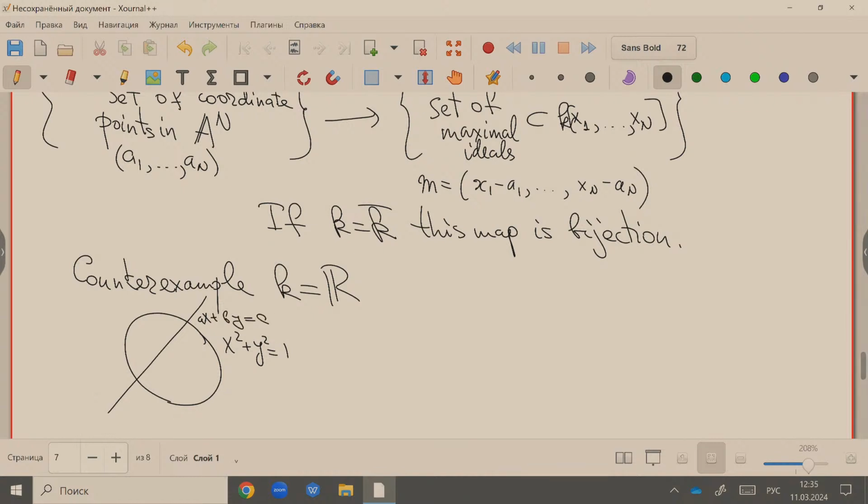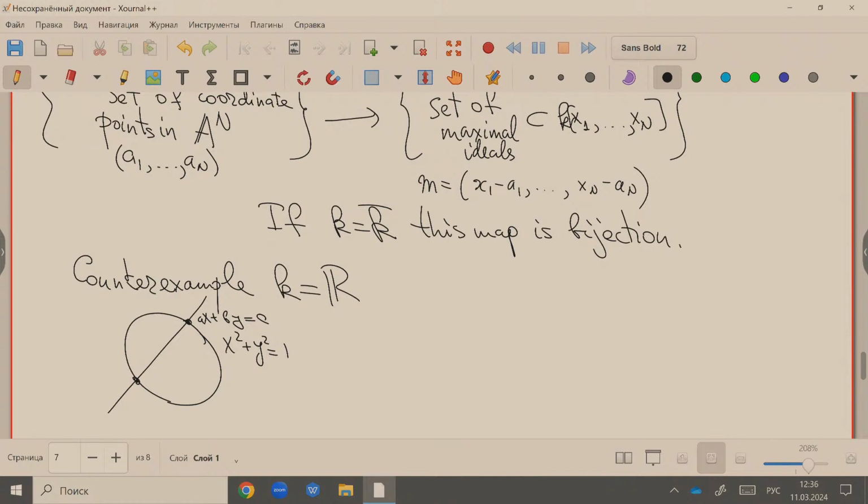You get 2 points, because restricting this equation to the line is the same as substituting for y its expression in terms of c and x. This gives a quadratic equation in one variable, which gives you 2 solutions over C.